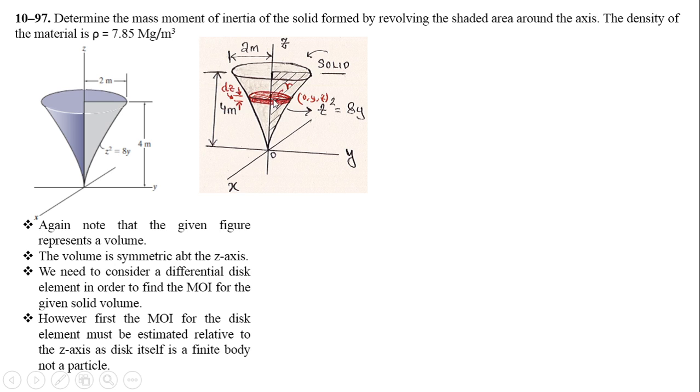This point is located at some distance y measured from the origin, and has a vertical dimension of z. So 0, y, z is the point of intersection of this disk with this curve, and this is purely arbitrary. This disk can be here, it can be above as well, anywhere.